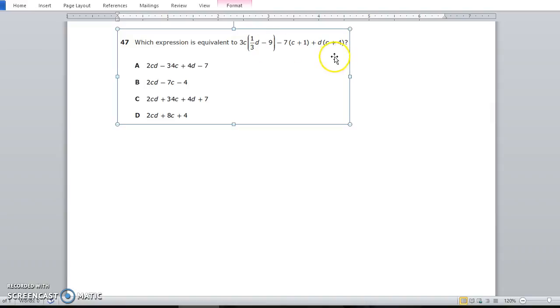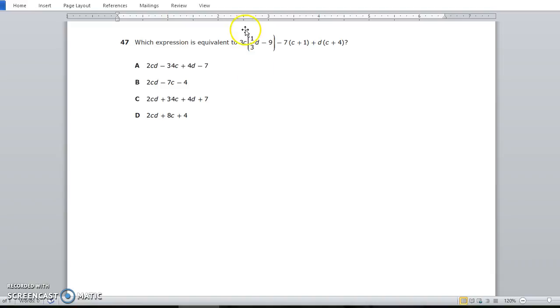We're simplifying this. So I see a lot of parentheses everywhere. The first thing we're going to do is start distributing through. So let's see. If I do 3c times a third times d, 3 times a third, you can plug that into the calculator, gives me 1.